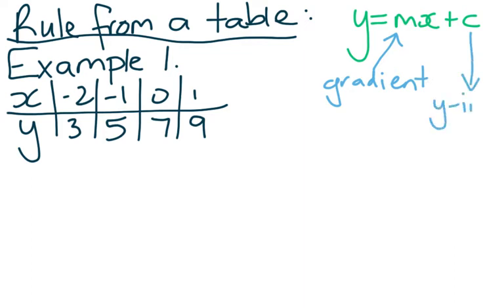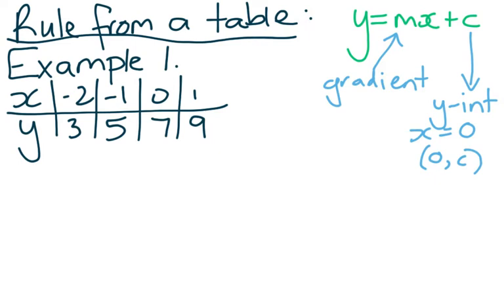Now your y-intercept is actually where the line crosses that vertical axis, and that happens when x is 0. So the coordinate of the y-intercept is always going to be (0, c). Now c could be a positive or negative value depending on where it goes through that y-axis.